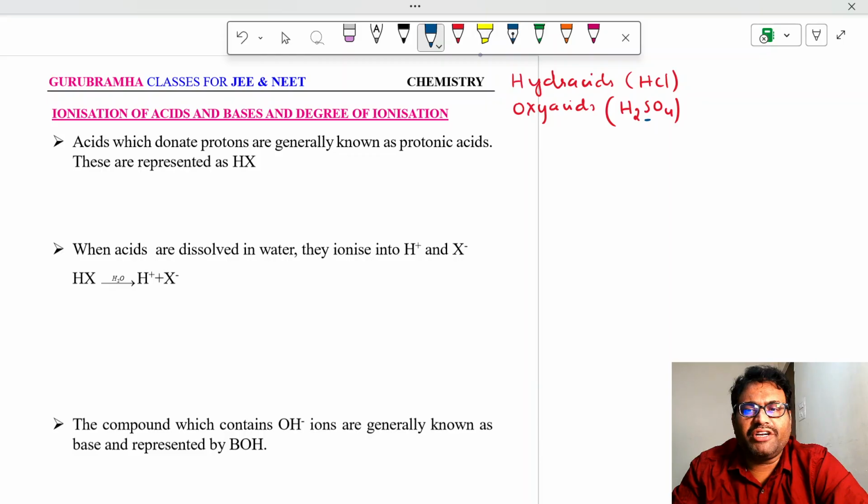Along with the electronegative element, if both hydrogen and oxygen are present, that is called an oxy acid. In hydra acids, we don't find oxygen, whereas in oxy acids, we find oxygen along with the electronegative element and hydrogen.